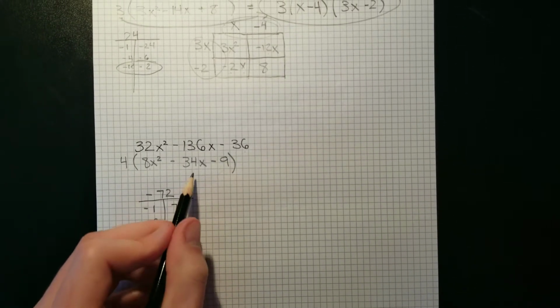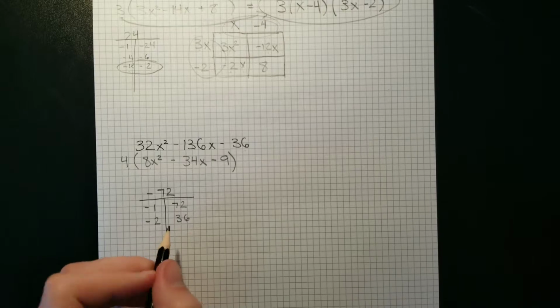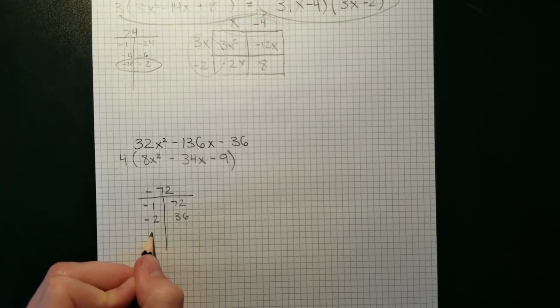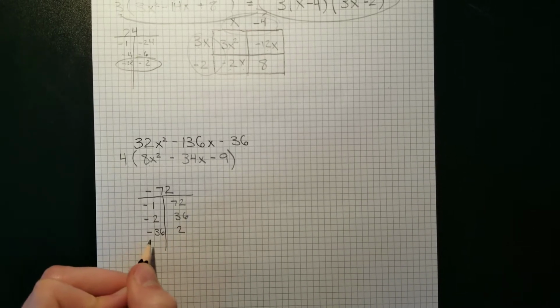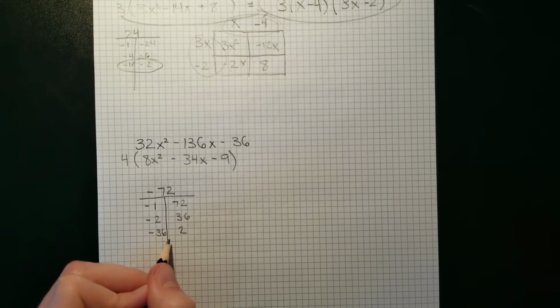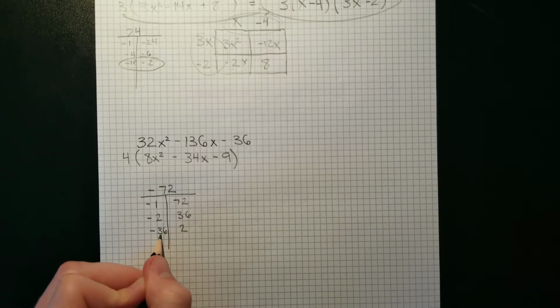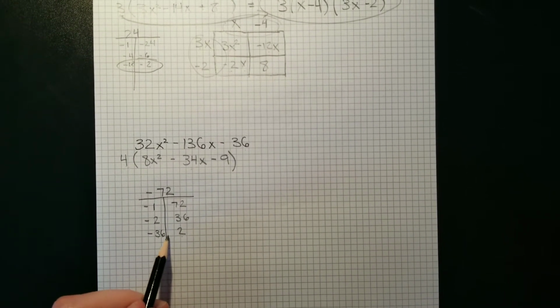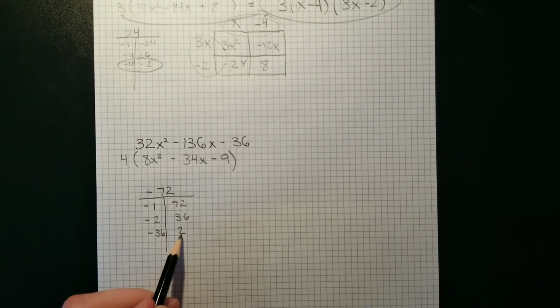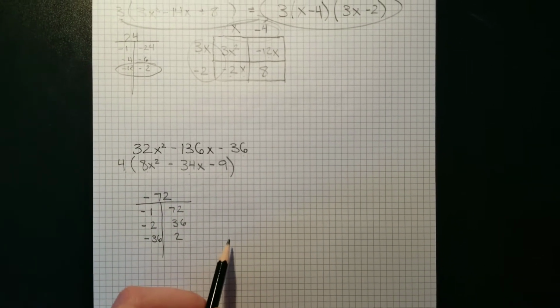When you add that up, it equals positive 34, so that wouldn't work out. If we flip it and make it negative 36 and positive 2, that's going to work, because negative 36 plus 2 is negative 34, since you're adding a negative and a positive, so it gets less. And when you multiply them, you get negative 72, so that works out.